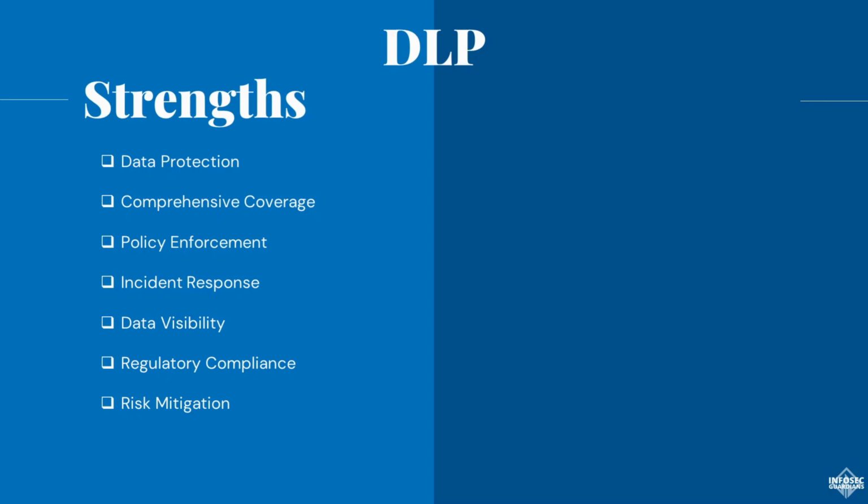DLP helps mitigate the risk of data loss or leakage by monitoring and controlling data transfers and usage. Data classification. DLP assists in classifying and categorizing data based on its sensitivity, enabling more targeted protection measures. User awareness. DLP increases user awareness of data security policies and best practices through alerts and notifications.